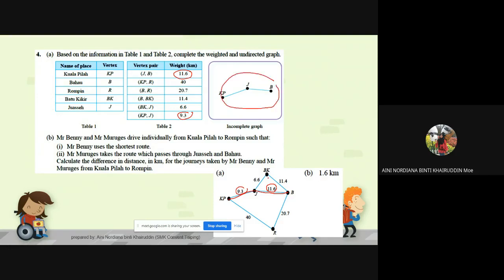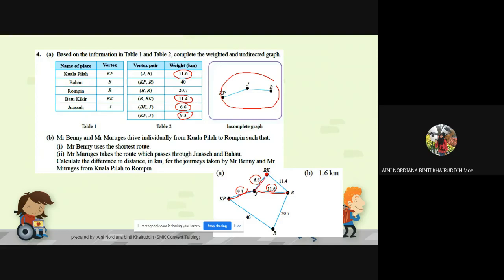So you have to complete by putting BK here. BK is Batu Kikir. From Juasseh to Batu Kikir 6.6. And then Batu Kikir to Bahau 11.4. So you have to look at table 1 and table 2 to complete this incomplete graph.